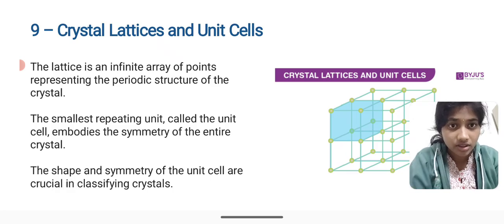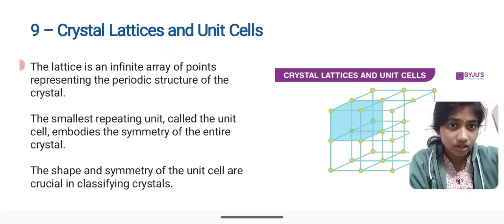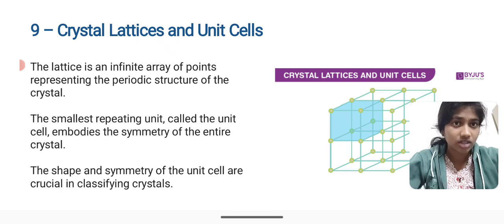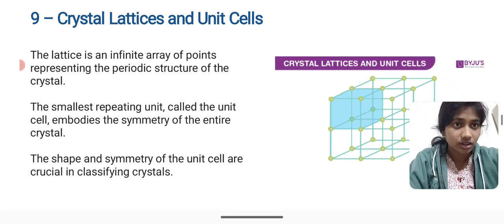The shape and symmetry of the unit cell are crucial in classifying crystals. This is the relevant image for crystal lattice and unit cell.